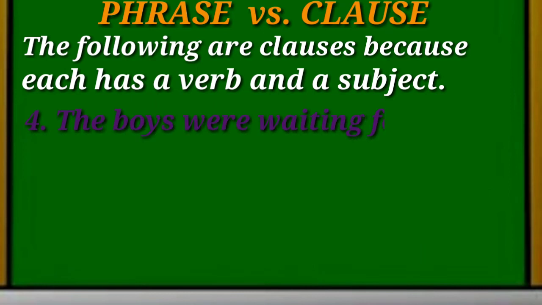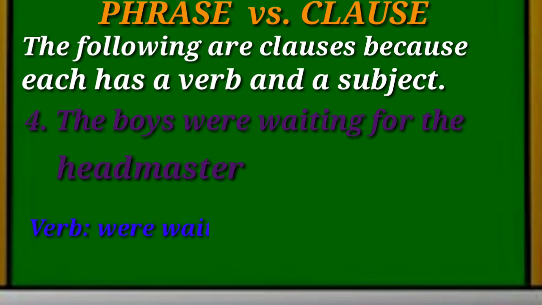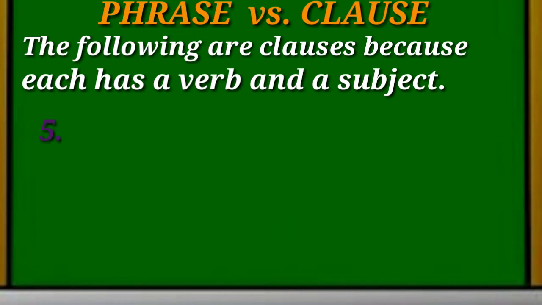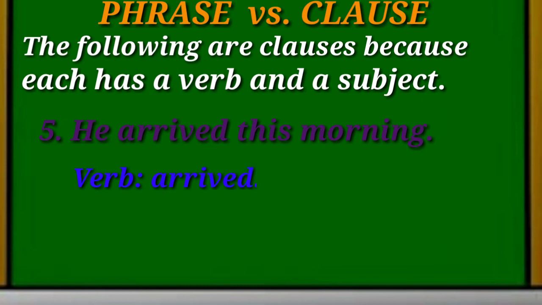The boys were waiting for the headmaster. Here, the verb is were waiting and the subject is the boys. 5. He arrived this morning. Verb, arrived. Subject, he.